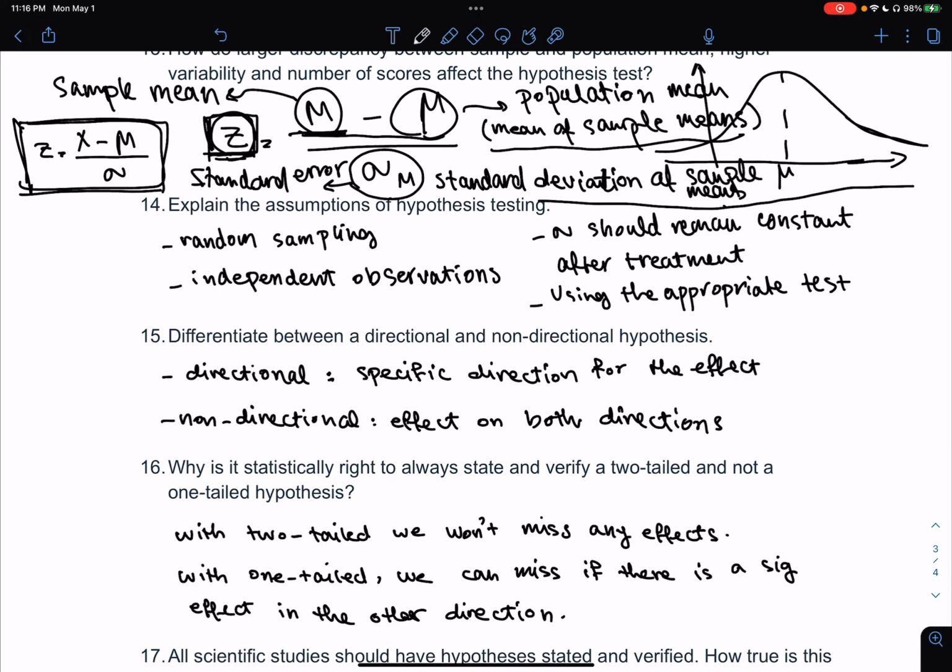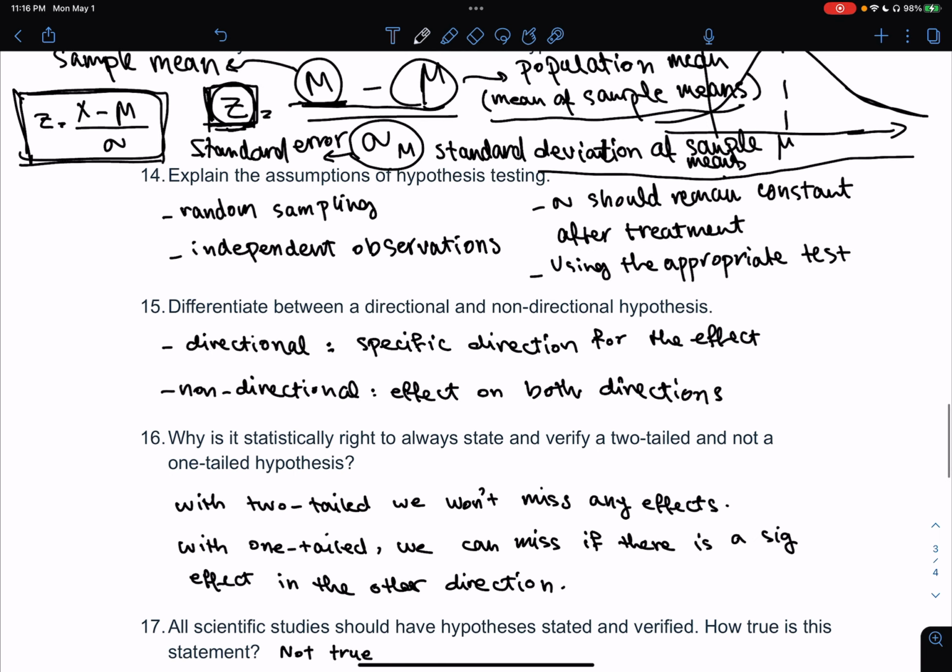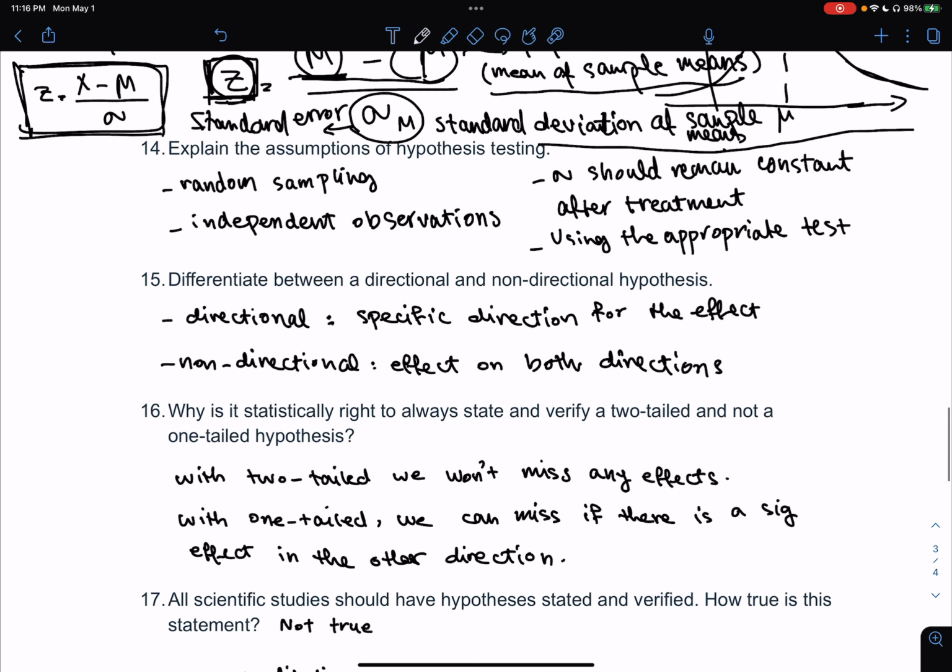So question 14, explain the assumptions of hypothesis testing. The assumptions, you can read more about each of them. But first, random sampling. We already talked about that. Independent observations means that each observation that we do should be independent.